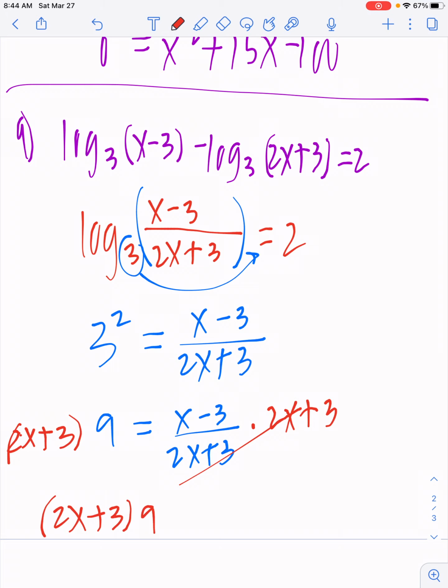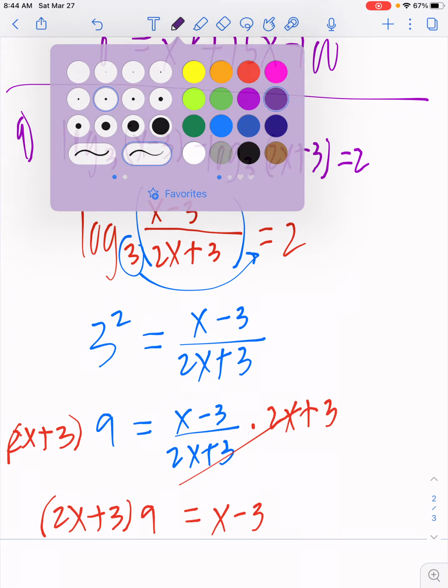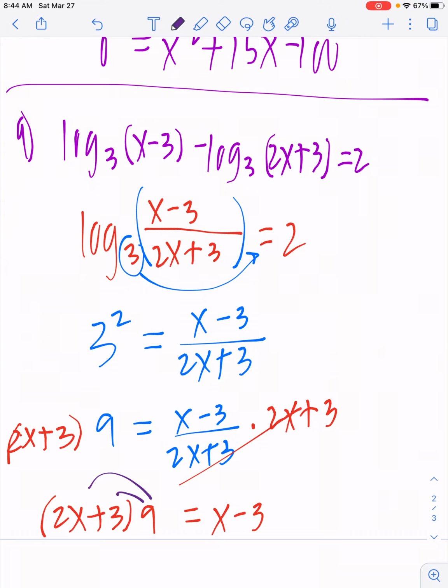Then you'd have 2x plus 3 equals 9. And now, you know, you just distribute the 9, get the x's on the same side, and solve for x. So really the key is try to condense the logs and then put it in exponential form, and then it will look like something that you've hopefully seen before.